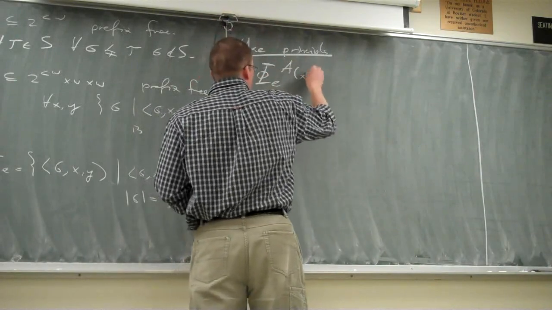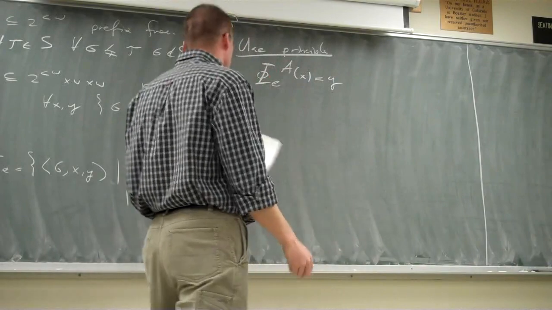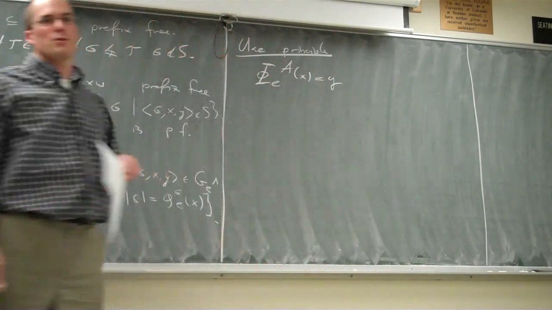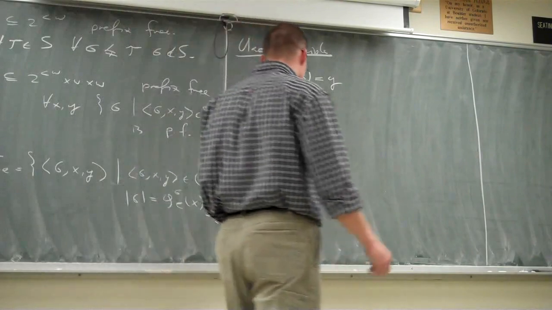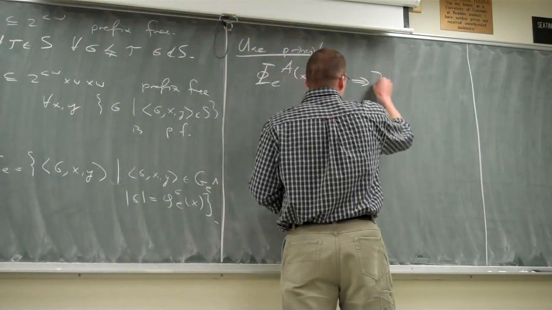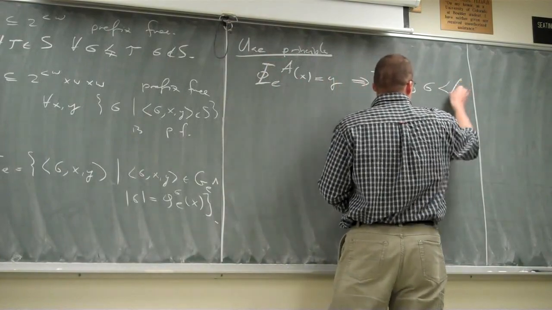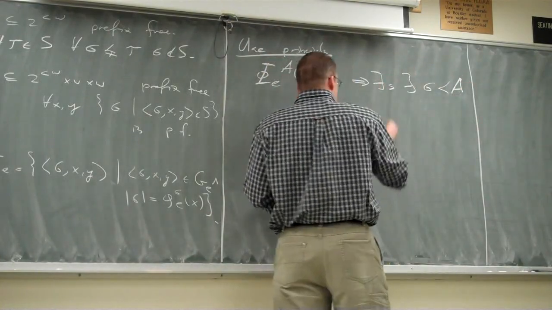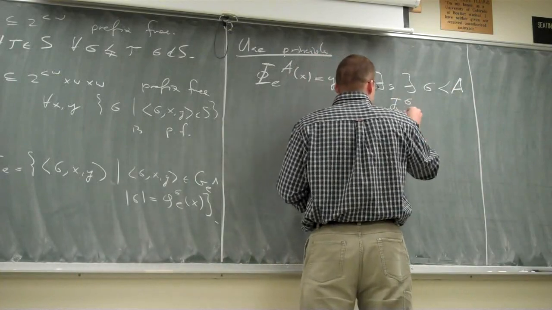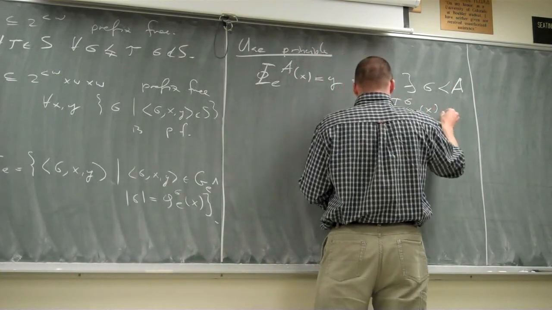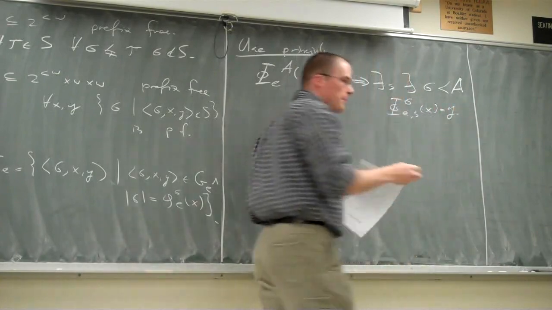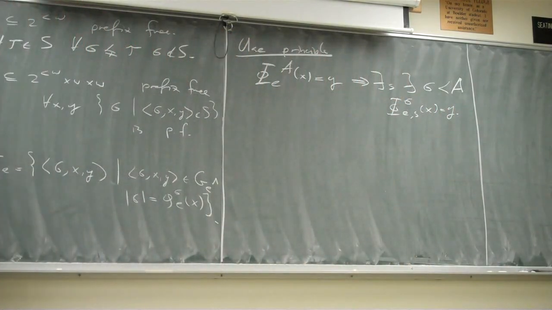If a computation using an oracle terminates, outputs y, then there exists an S, there exists a sigma, an initial segment of A, such that phi of sigma of e of S of x is equal to y. Right, and you should sit back at this and say, yeah, obviously, if this computation stops, then it stops in some number of steps.